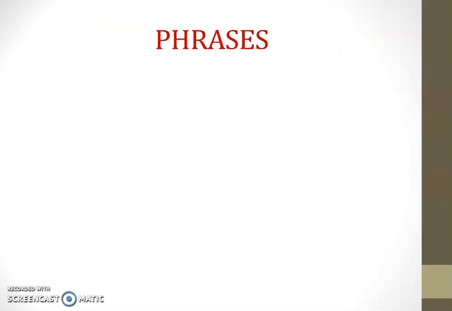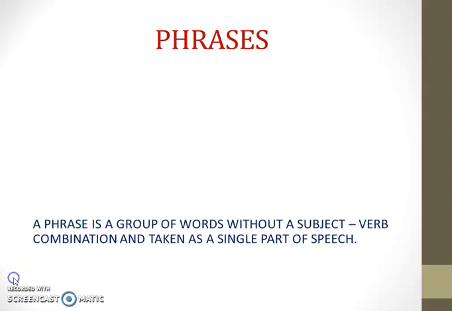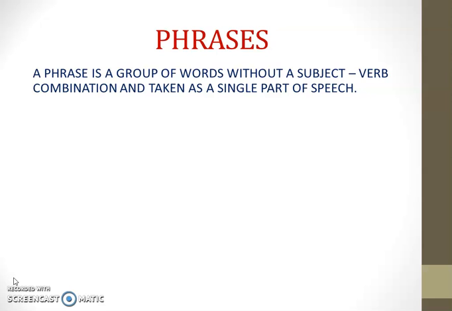Initially, we are going to deal with phrases. Let's take a look at the definition of a phrase. A phrase is a group of words without a subject-verb combination, and it is taken as a single unit or a single part of speech.